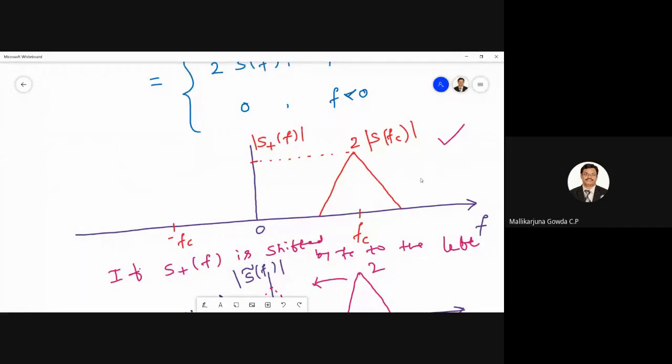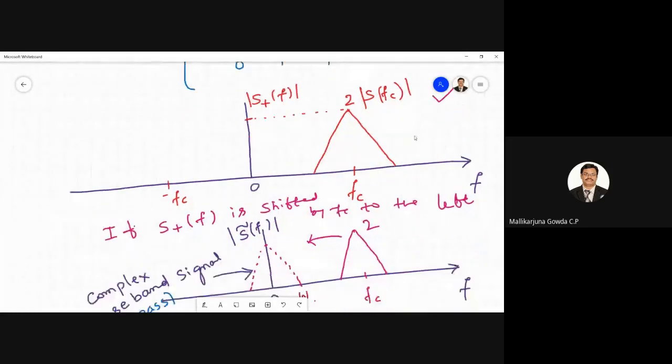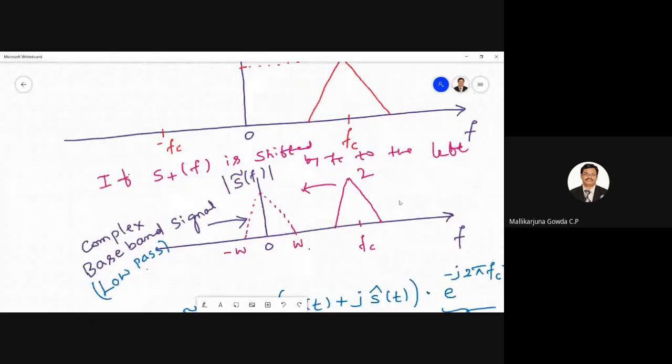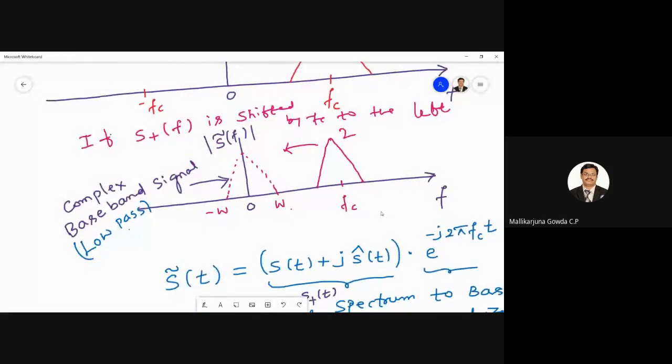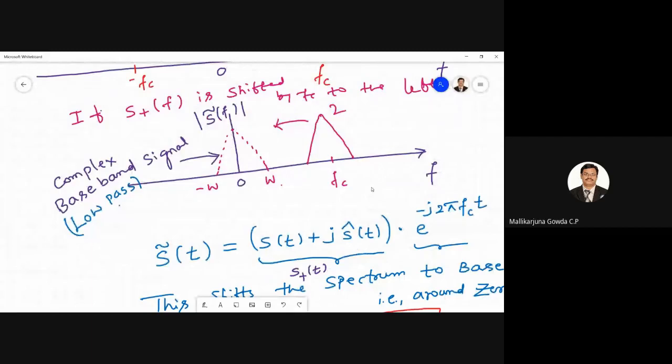This is the pre-envelope of the bandpass signal. By shifting this by minus fc, I call that the complex baseband signal. Mathematically, I express this complex envelope of the baseband signal as S plus of t into e power minus j2 pi fct, where S plus of t is S of t plus j into S cap of t.